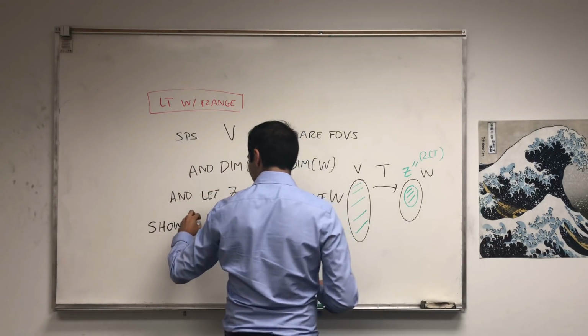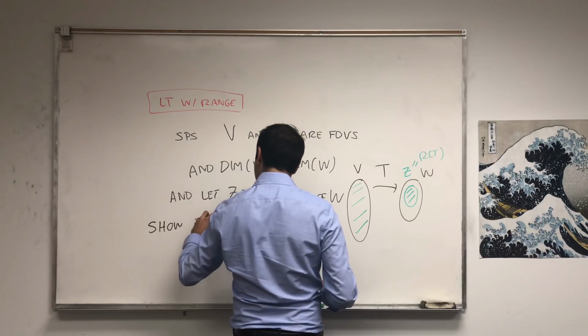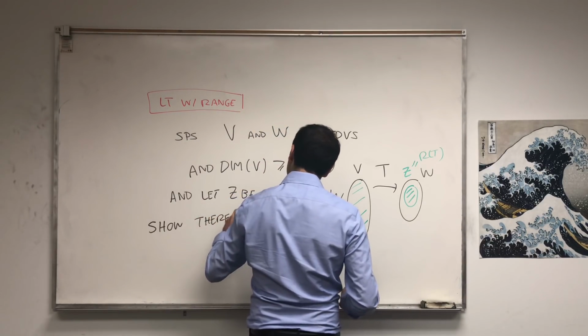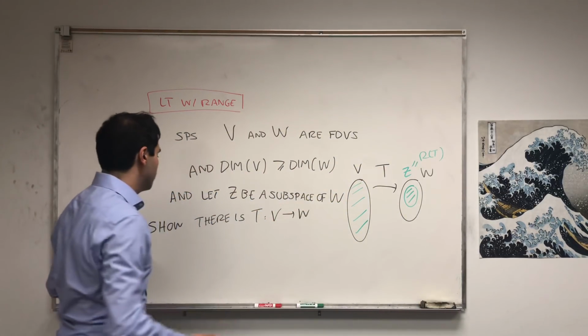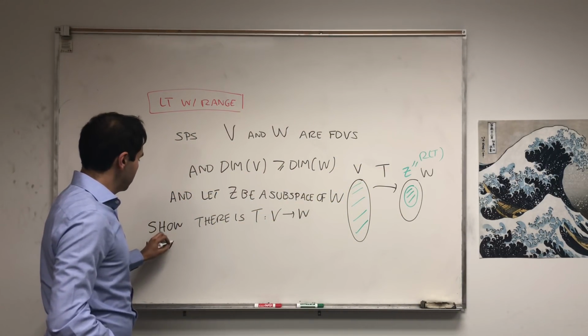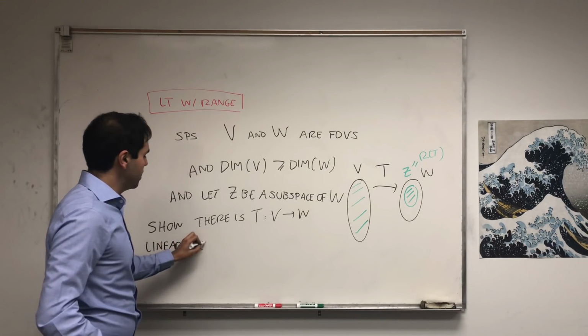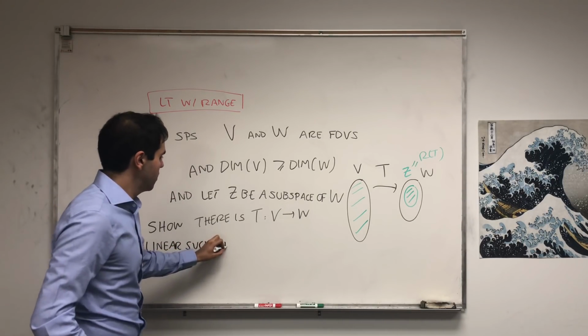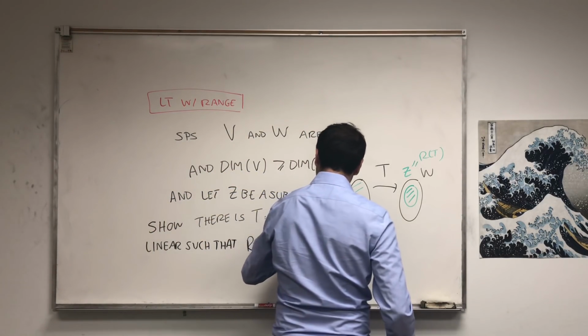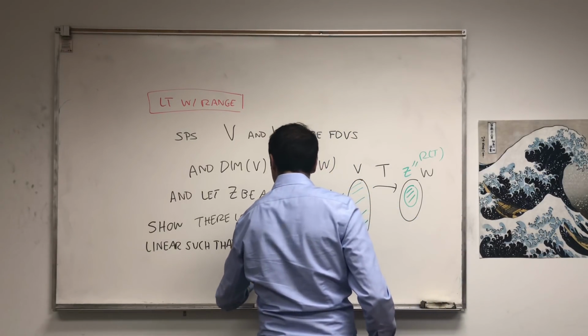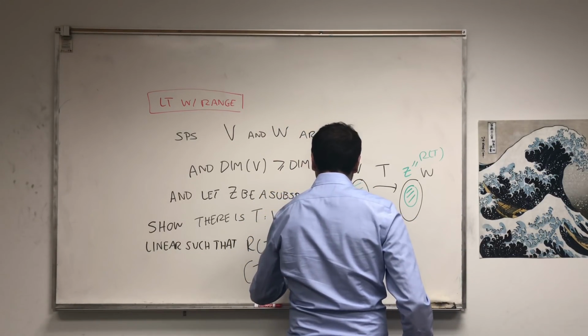So show there is T from V to W linear such that the range of T equals Z. So in other words, T takes all of V and maps it to Z.